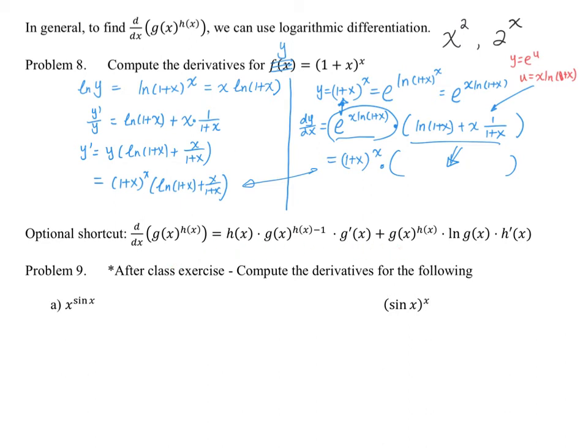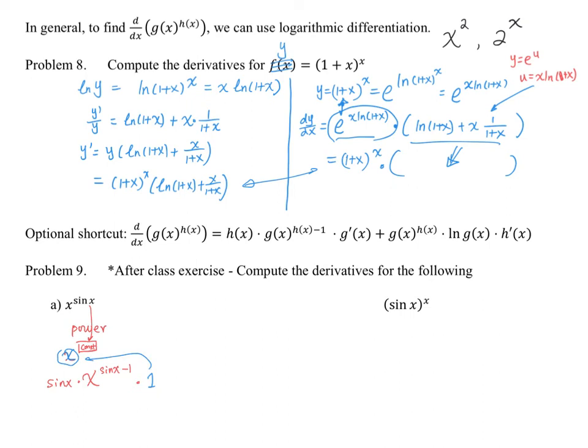So here's the first part, which is going to be the power, which means I'm going to think of x raised to a constant. Think of this sine x as constant. So when I apply the power rule, I'm going to say sine of x, move this power to the front, times x to the power minus 1, times the derivative of x, which happens to be 1.